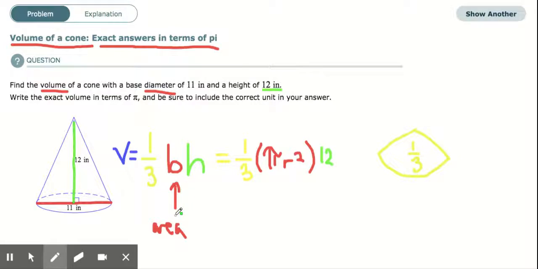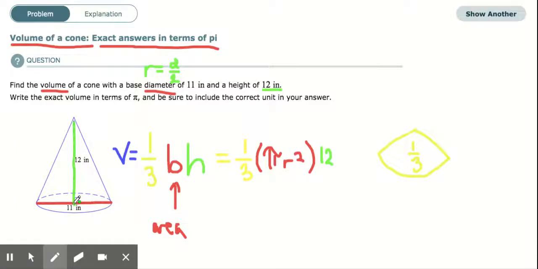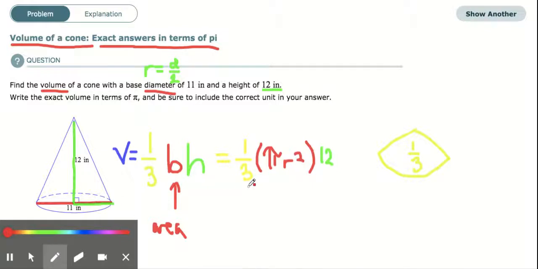The only thing that's tricky about this is that we don't have the r, we have the d, the diameter. But the radius is equal to half of the diameter, or you could think of it as the diameter divided by 2. So this radius is halfway across the circle. If the whole way is 11, that means that the radius is 5.5.